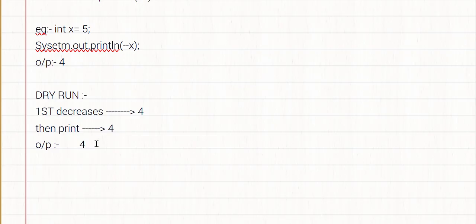The output will also be 4. Okay, simple. These are the things. There is nothing tougher than anything. Everything is easy if you think that way. And the next one is shift operators.